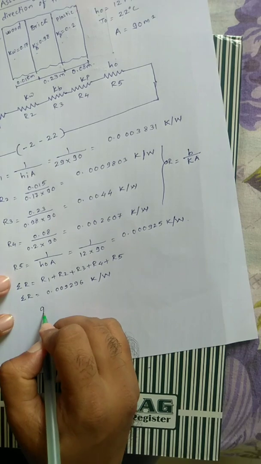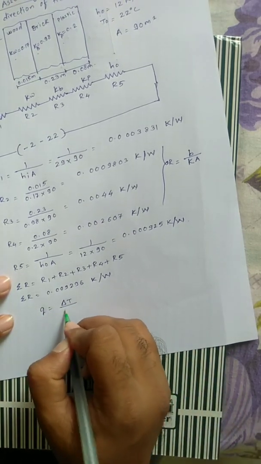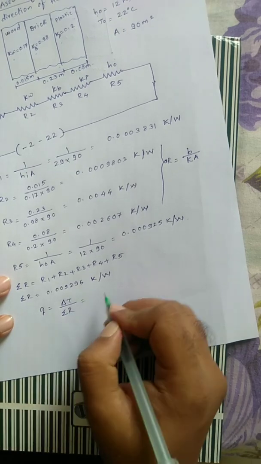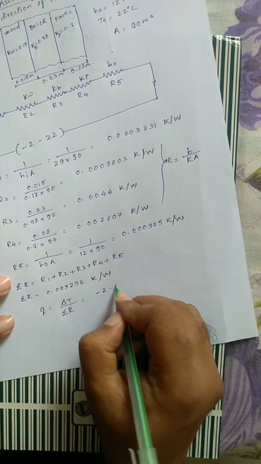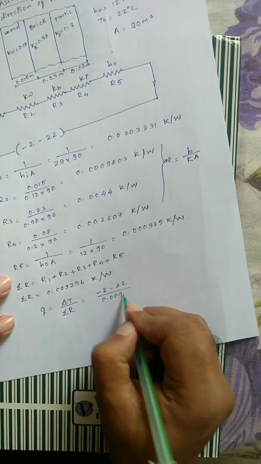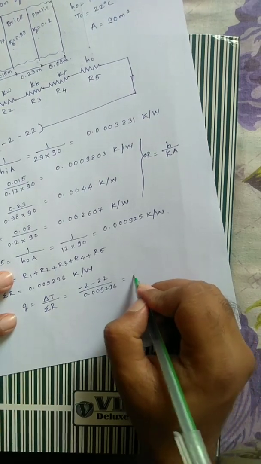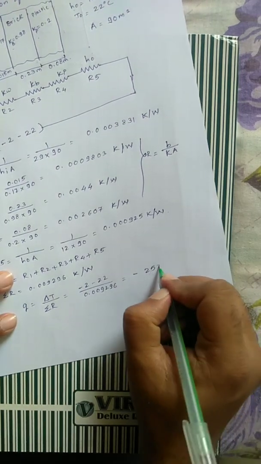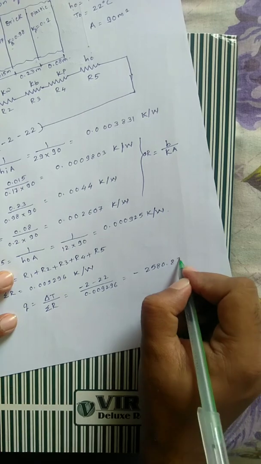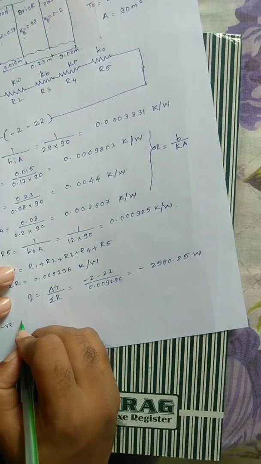So your Q will become delta T upon total resistance, which will be equal to delta T is -2 minus 22 divided by total resistance 0.009296. So you will have your answer as minus 2580.85 watt.